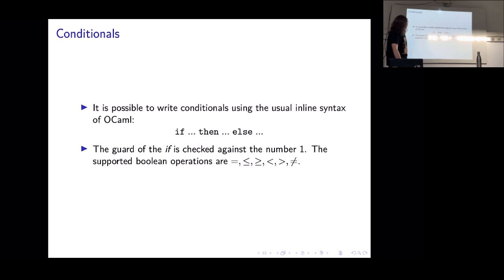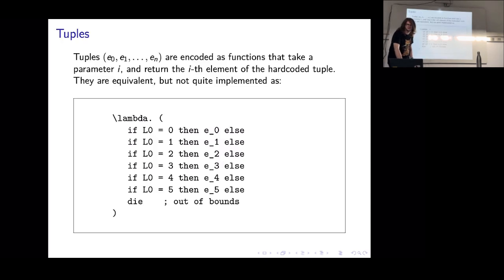As we said, we implemented the if-then-else and some classical comparison operators. Now, as you might know, tuples are naturally isomorphic to functions from a number, which is the number of elements in the tuple, to the domain of data.